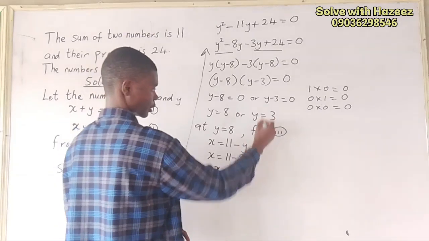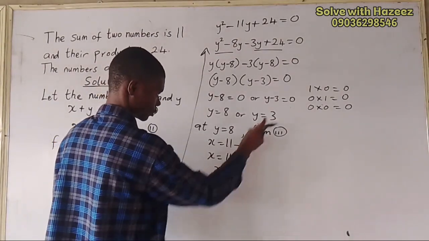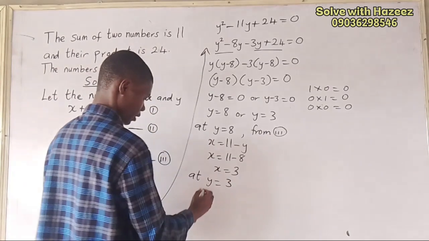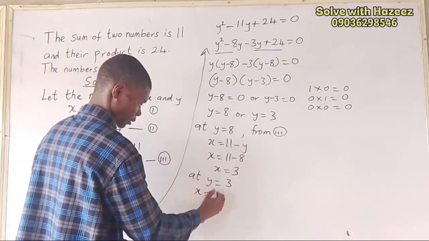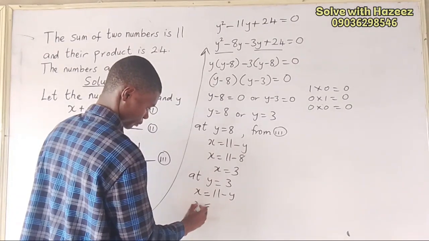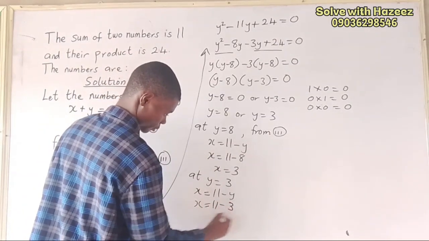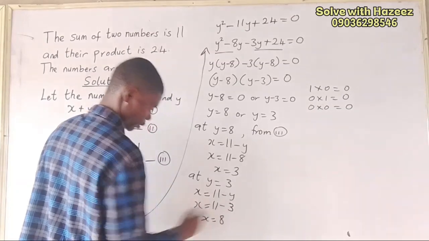Then secondly, at y is equals to the second value of y, which is 3, x is the same thing as 11 minus y, which is equals to 11 minus 3, and x is equals to 8.